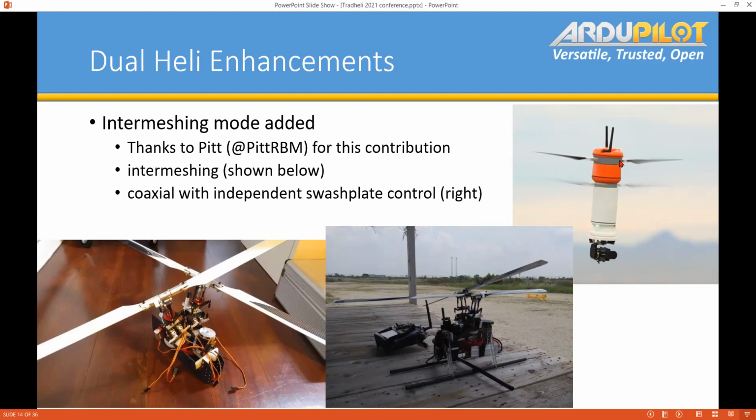We wanted the ability to control each of those swash plates independently. So with this coaxial system, you have the motors turning it, but two independent swash plates, one controlling each of the rotor systems, and the new intermeshing motor mixer can allow us to do that.